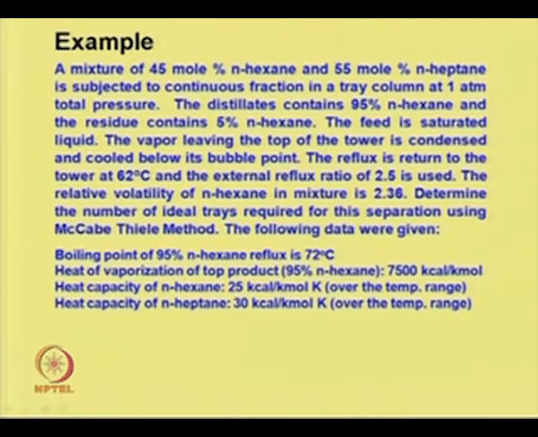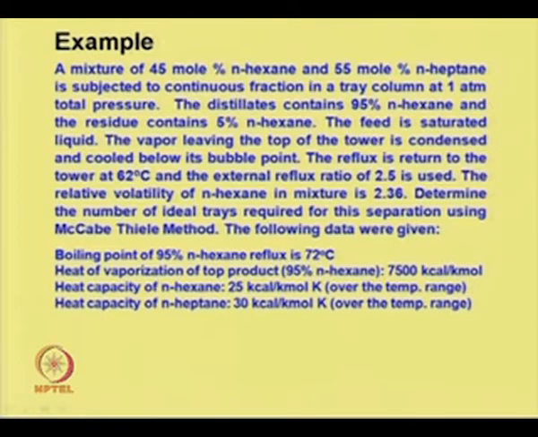The following data were given. Boiling point of 95% n-hexane reflux is 72 degrees centigrade. Heat of vaporization of the top product of 95% n-hexane is 7500 kilocalorie per kilomole.